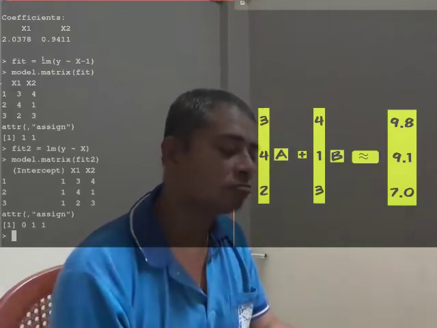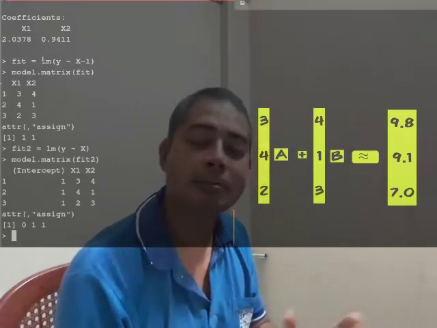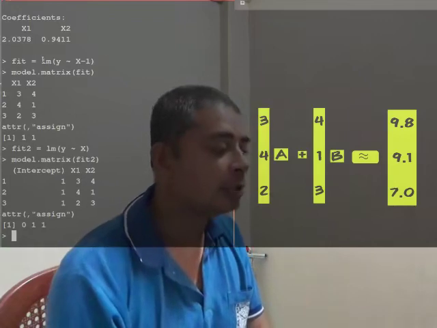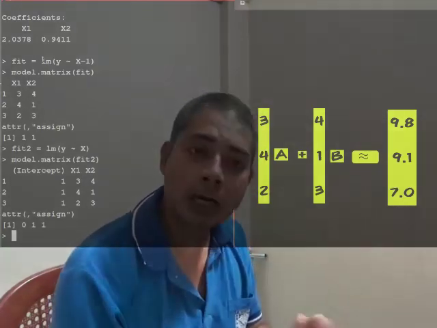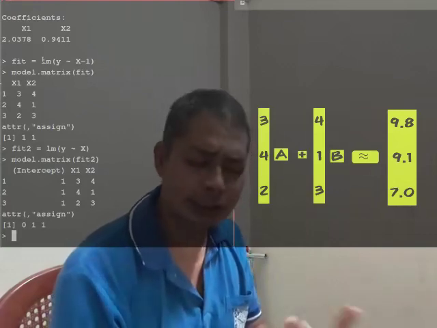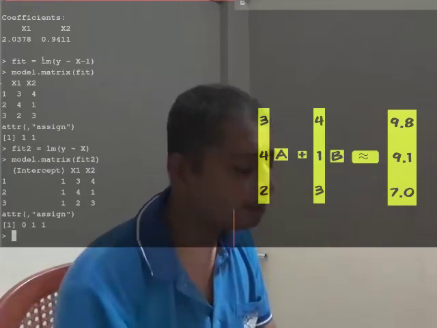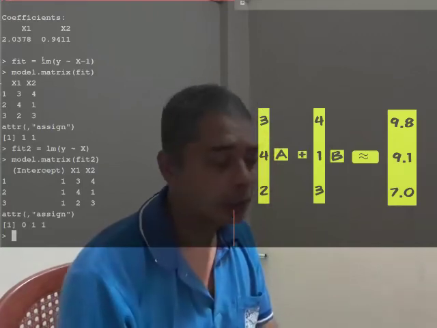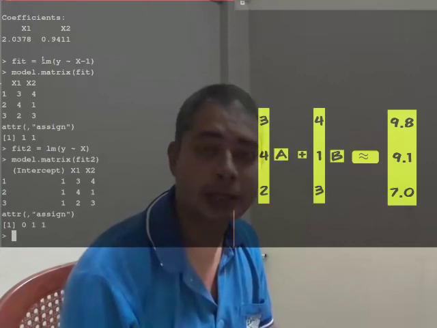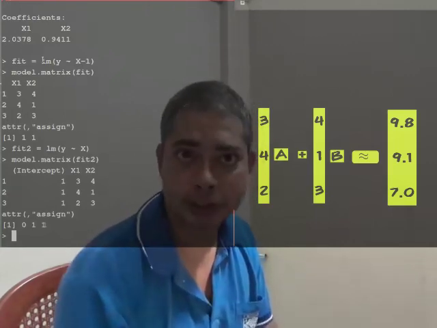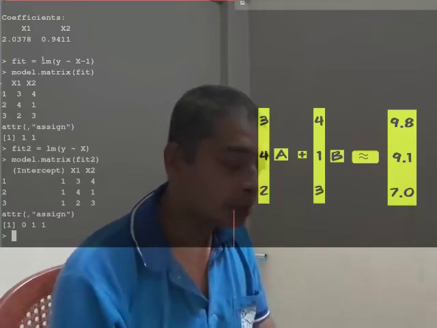But if your design matrix, that capital X matrix, is such that x transpose x is nearly singular, that is, the determinant is non-zero but pretty close to zero, then the LM function will give you a better result than directly computing x transpose x and all that. So in our case, let's just quickly carry out that operation also.